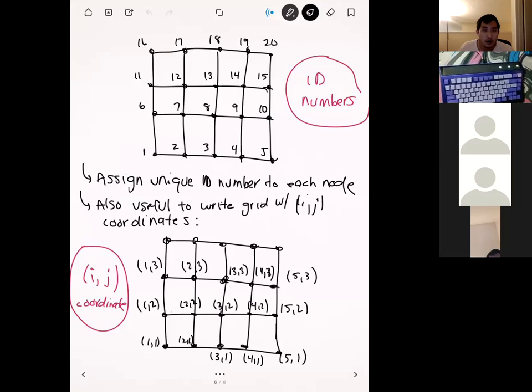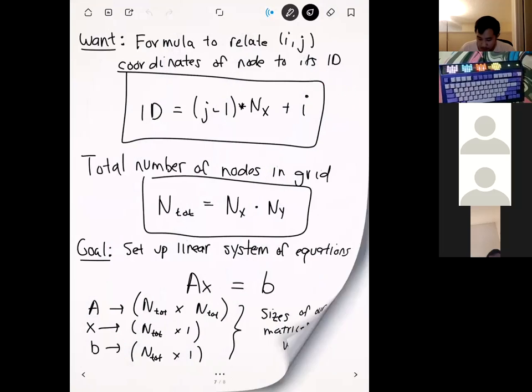Since our grid here has 20 nodes, that means we're going to have to write out 20 different equations that govern its physics, right? And so with 20 equations, our matrix has to have 20 rows and 20 columns. It's always good to keep those things in mind.